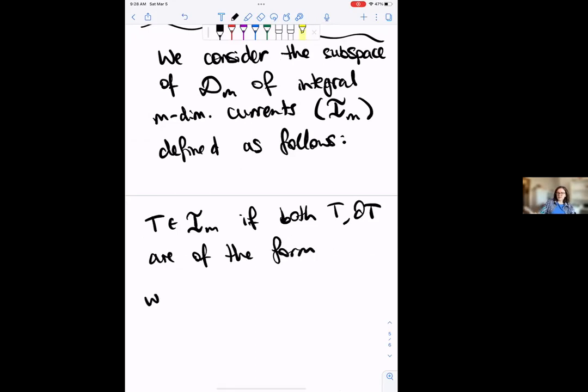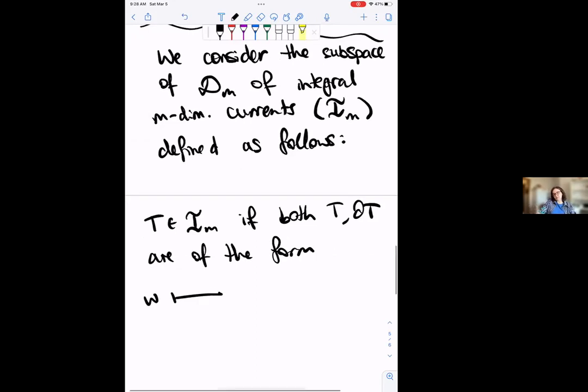They take an m-form, or an (m-1)-form in the case of the boundary, and map it to a superposition of relatively nice m-dimensional surfaces with integer multiplicities.